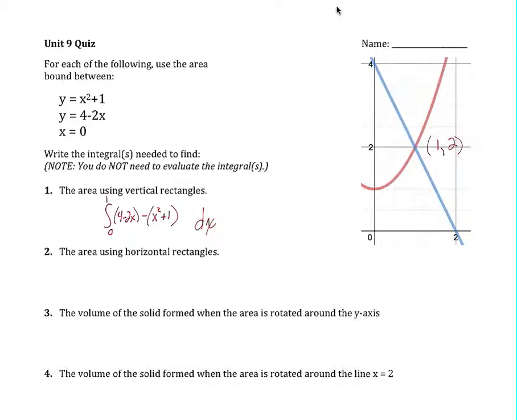We're now going to be looking at this using horizontal rectangles, and what we should notice here is that we're going to end up needing two integrals, because the first set of rectangles, if we start from the bottom and work our way up, is good until we get to y equals 2, and then we would have a second set of rectangles between y equals 2 and y equals 4.